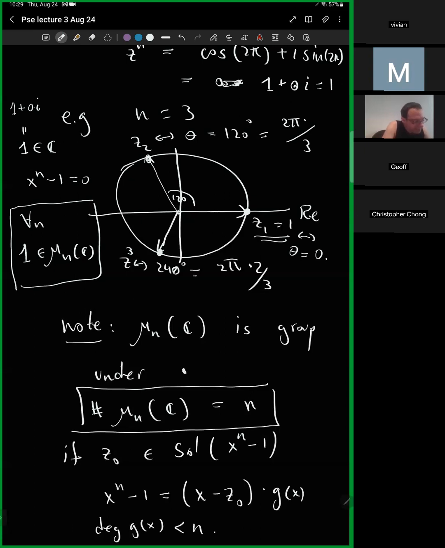And this is the unit element in mu n. Other questions?